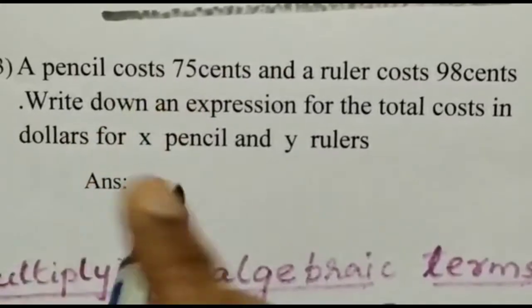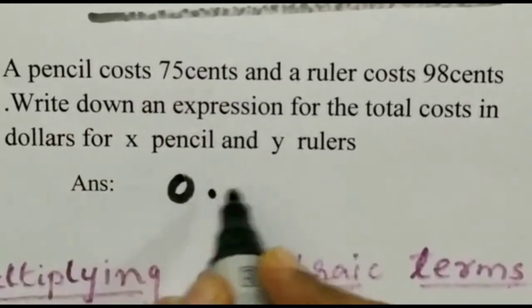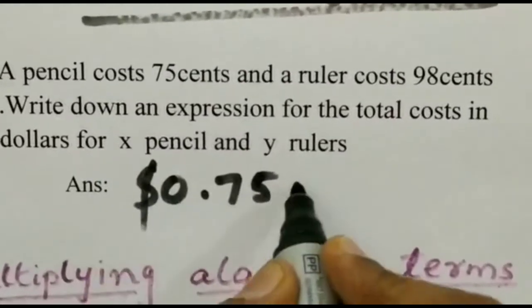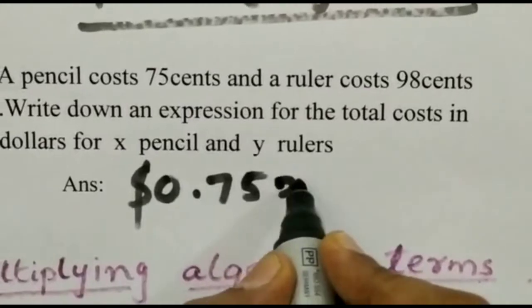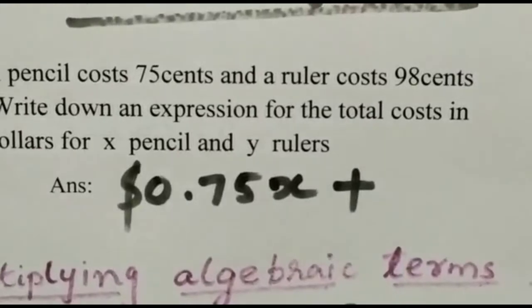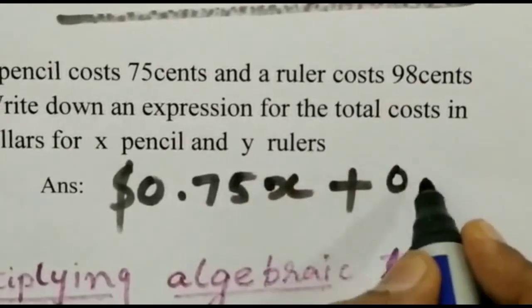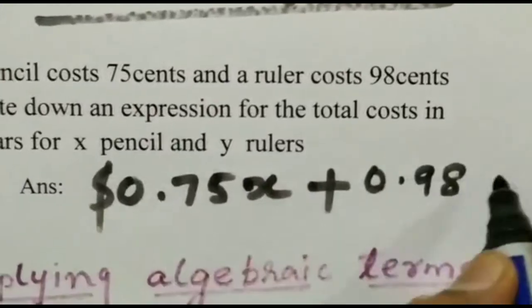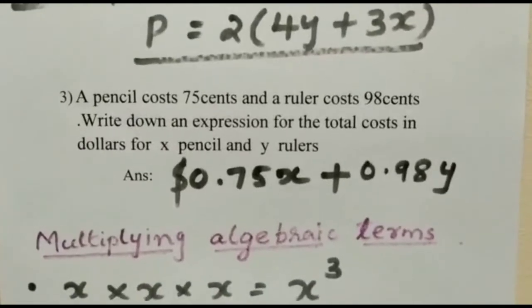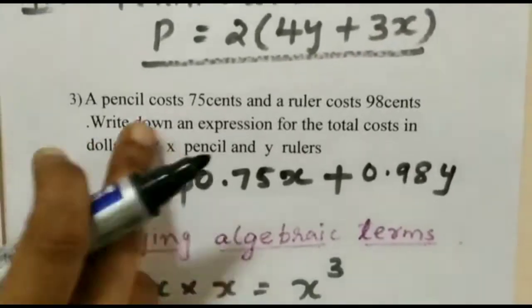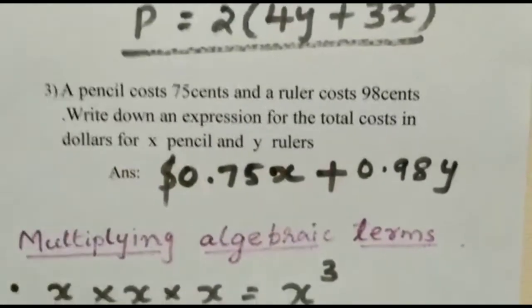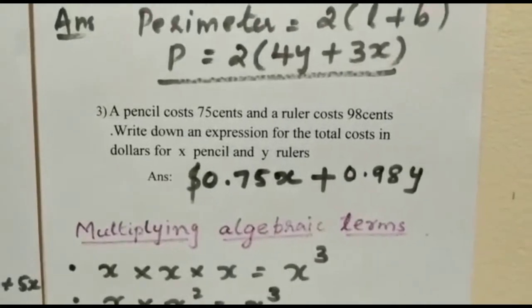So converted to dollars, it becomes 0.75 dollar. x pencils plus y rulers at 0.98, so 0.98y. So this is the expression for the cost. If you write in cents, no need to write the decimal: 75x plus 98y. Now the question asks for dollars, so you have to convert it into dollars.